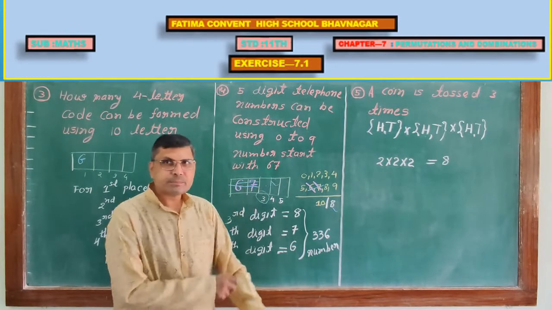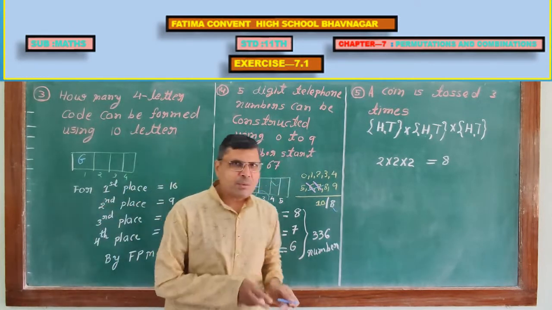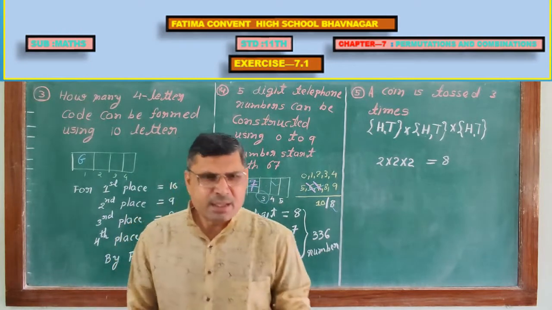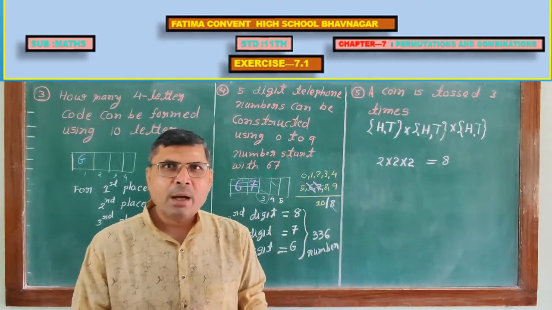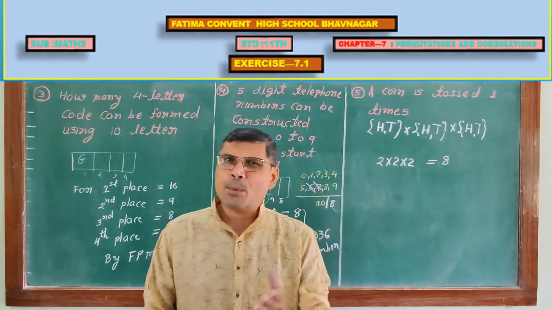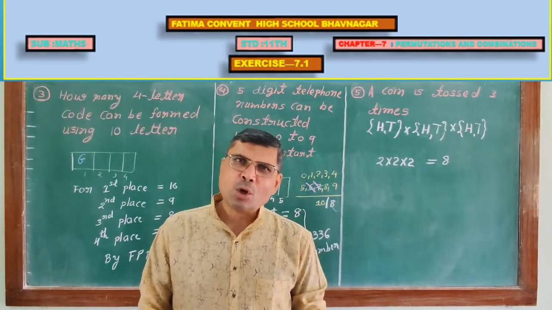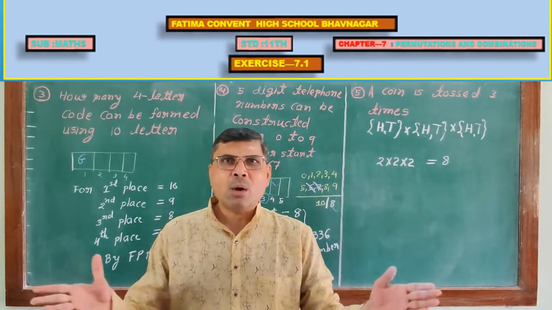Then the fifth question, which you know very well, you learned it in the 10th standard. In probability, if you toss a coin 3 times, how many outcomes are there?